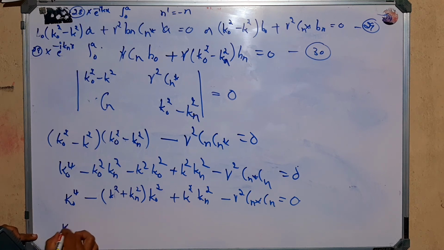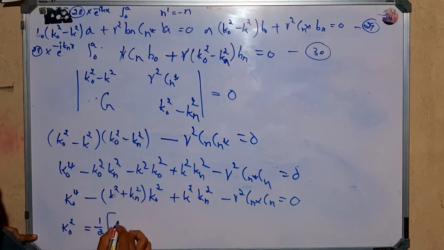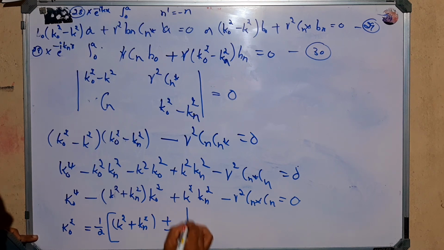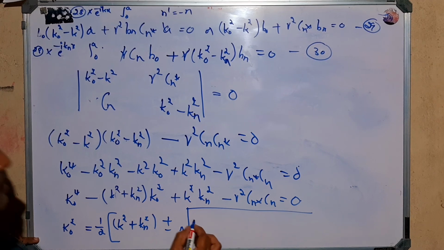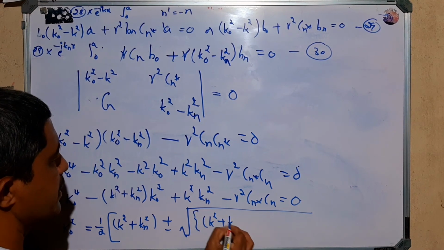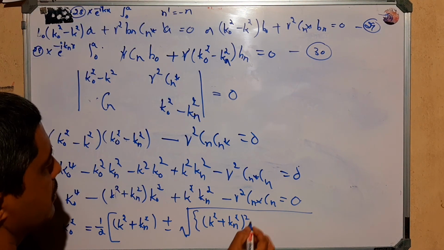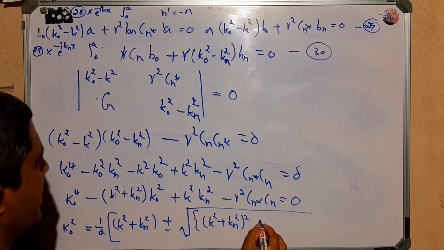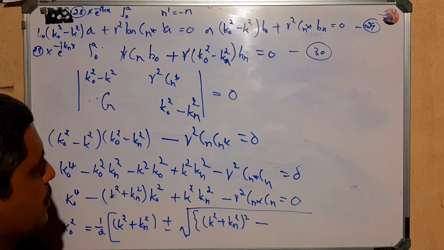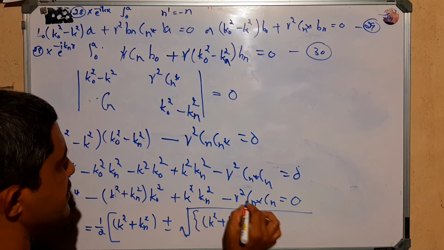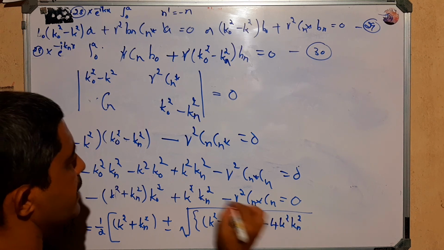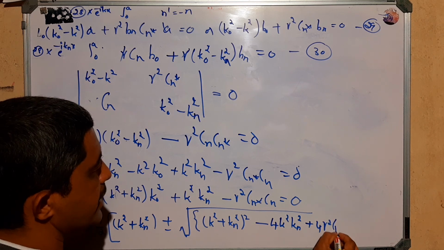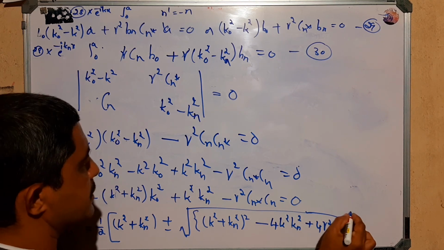Its solution is k naught square is equal to half into minus b, which becomes k square plus kn square, plus or minus the square root of b square, that is k square plus kn square whole square, minus 4ac, where c is k square into kn square, with 4 gamma square cn star cn. This is the solution.